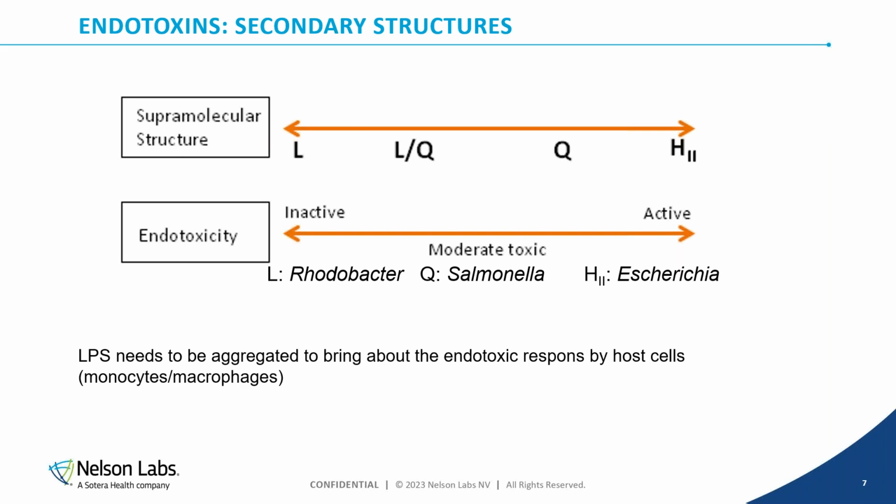For example, Rhodobacter forms a lamellar aggregate, and it is very inactive. And one of the most active LPS or endotoxins are the endotoxins of E. coli, and they form hexagonal structures. So this is important to understand, that not each species of gram-negative bacteria will have the same activity for the endotoxins.